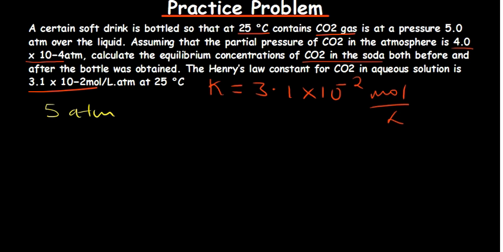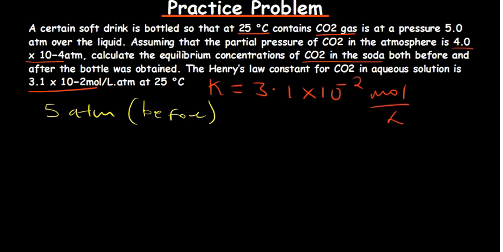That is before opening. So inside the bottle of that soft drink, we have 5 atm of pressure. And then after you've opened, the pressure will be coming from the atmosphere, which is now 4.